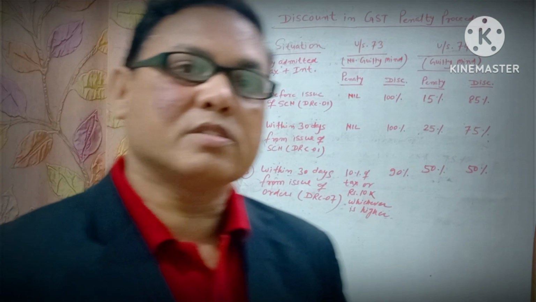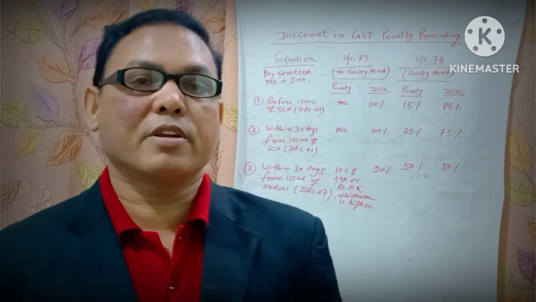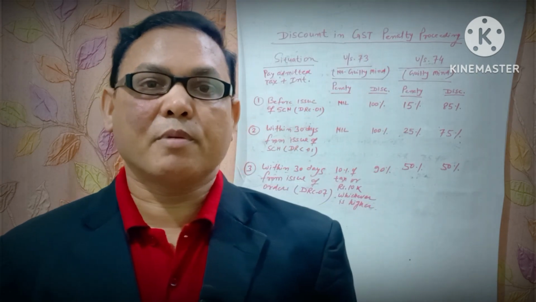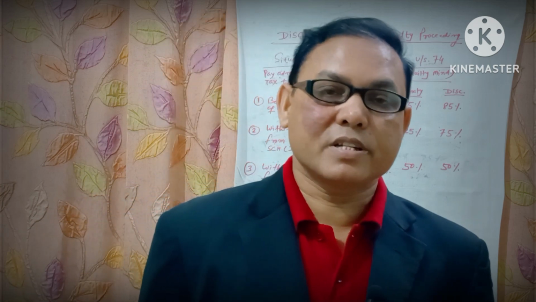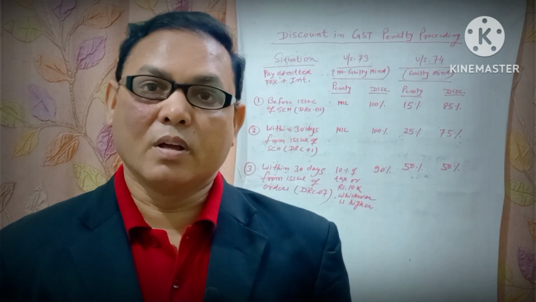So students, once again before concluding the video session, I would like to reiterate that whenever you get any notice from the GST department, whether it is under section 73 or under section 74, if your client or your employer is willing to pay the amount of the tax, that is the admitted tax along with interest, then there is a scope of getting a discount in case of penalty proceeding.